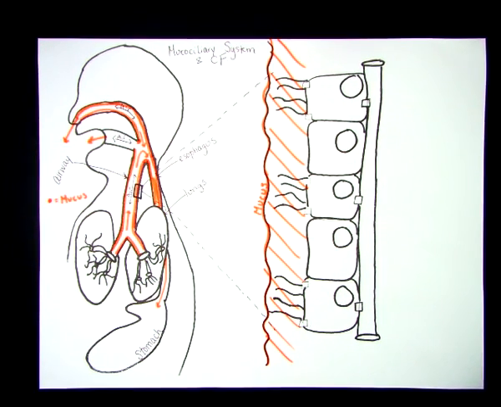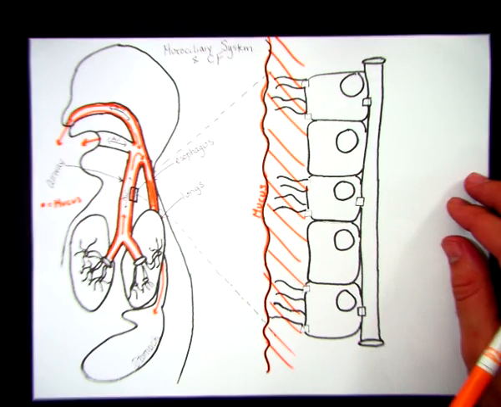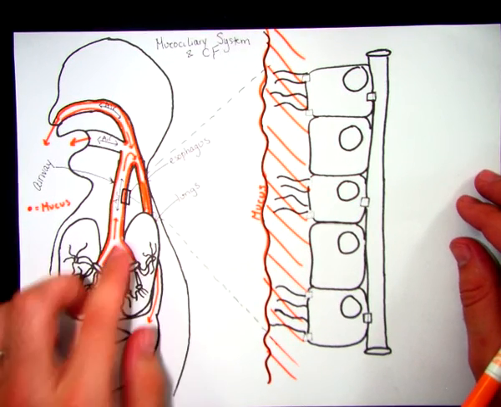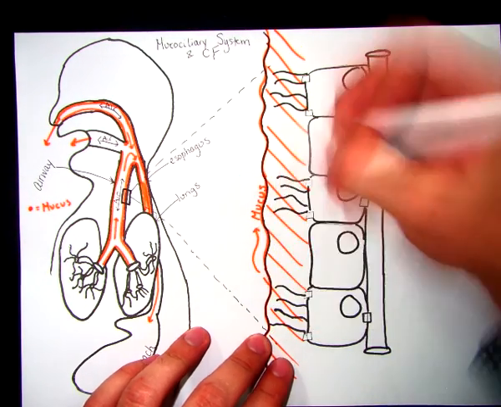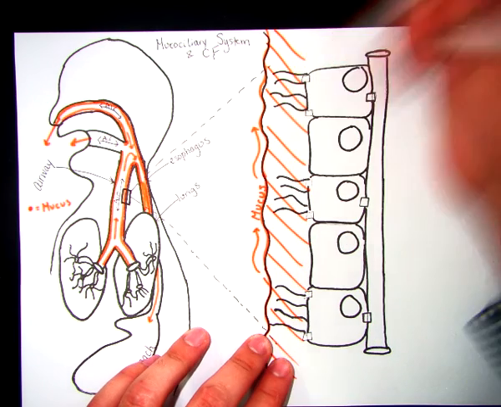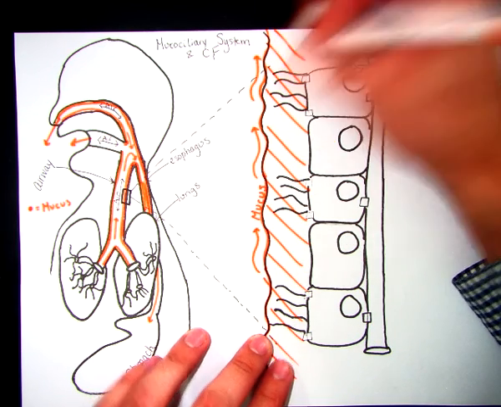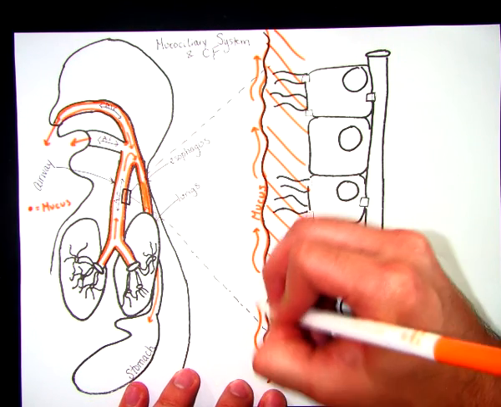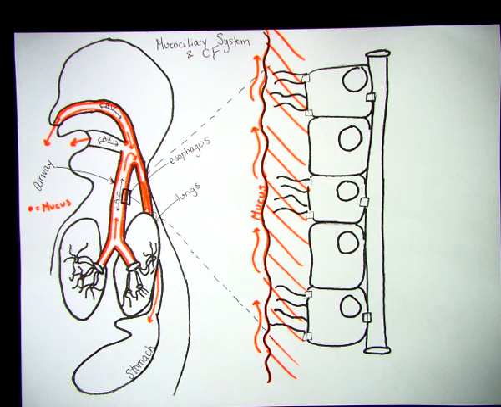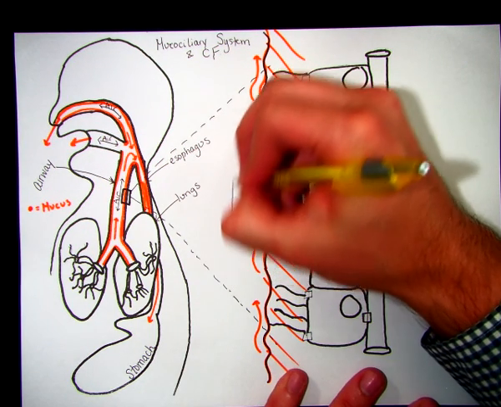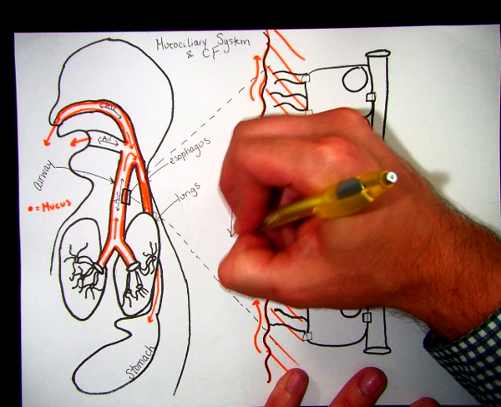And if we follow the direction of the arrows on this diagram, the mucus should be flowing in this direction. Which means the air would go here.